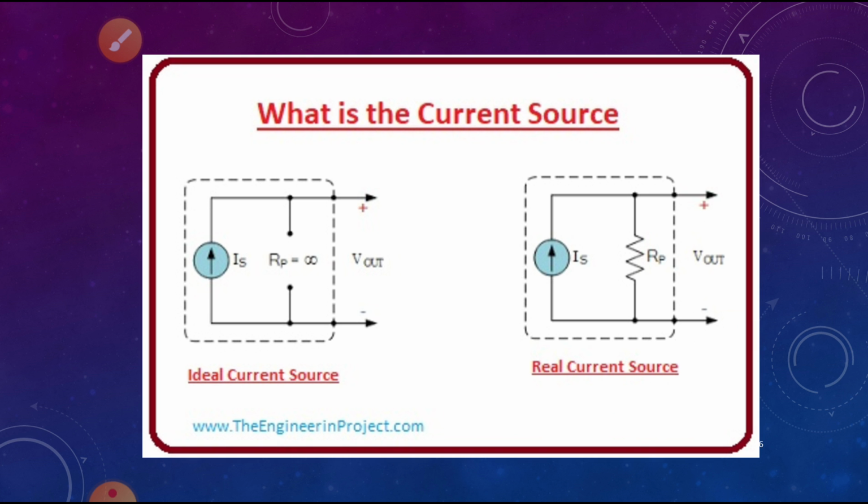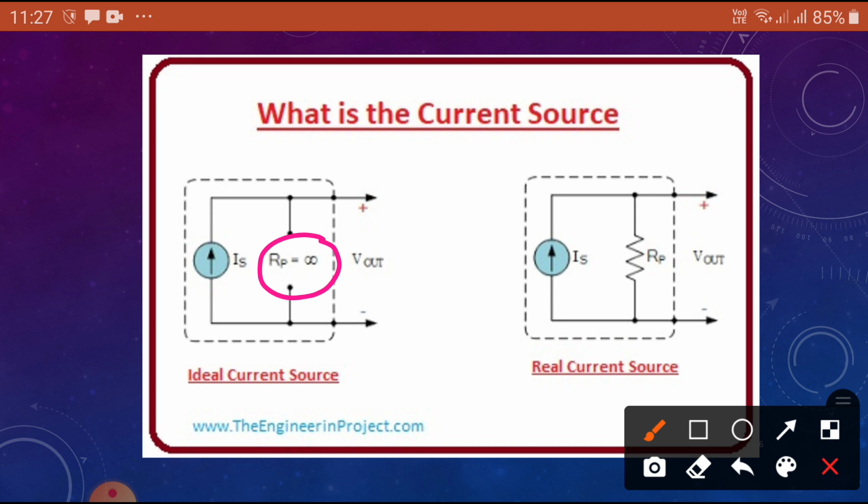Okay, what is the current source? You can see the ideal current source. In an ideal current source, the only difference is the internal resistance is infinity, or open circuit. Then whatever current comes, it goes to the load. But practically, it is not infinity, so there is a high resistance connected here. That's why whatever current comes, some amount is diverted here, and the remaining current goes here.